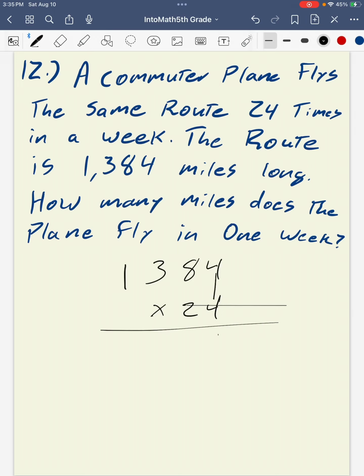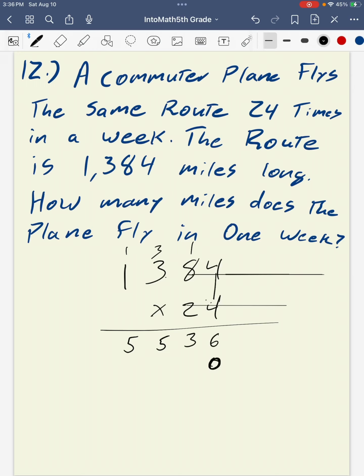We start with our ones place. 4 times 4 is 16. 4 times 8 is going to give us 32 plus 1 for 33. Carry my 3. 4 times 3 is 12, plus 3 is 15. Carry my 1. 4 times 1 is 4, plus 1 for 5.